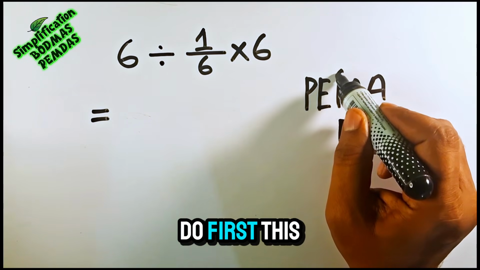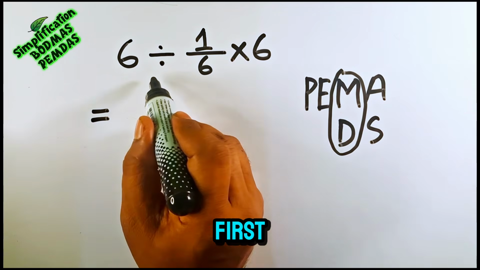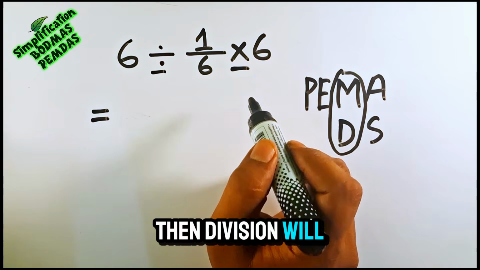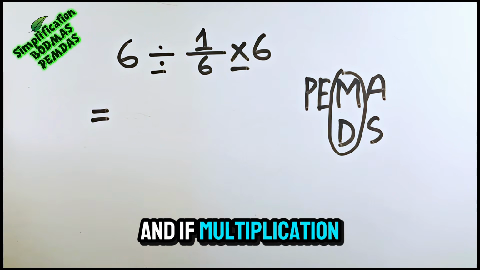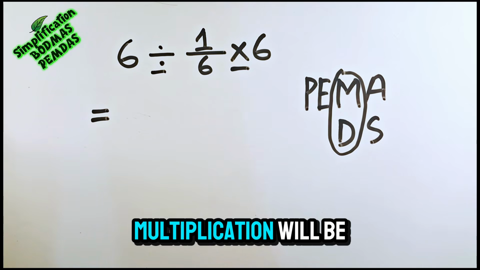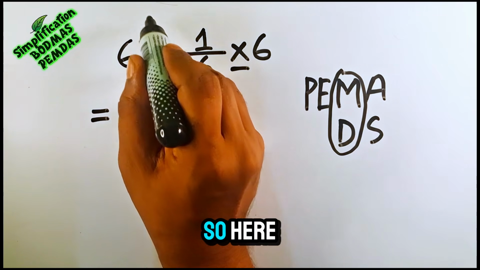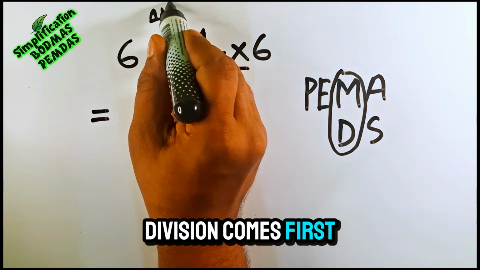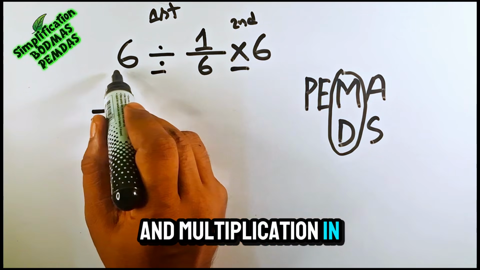You have to do that operation first. If division comes first, then division will be done first, and if multiplication comes first, multiplication will be executed first. So here division comes first and multiplication second.